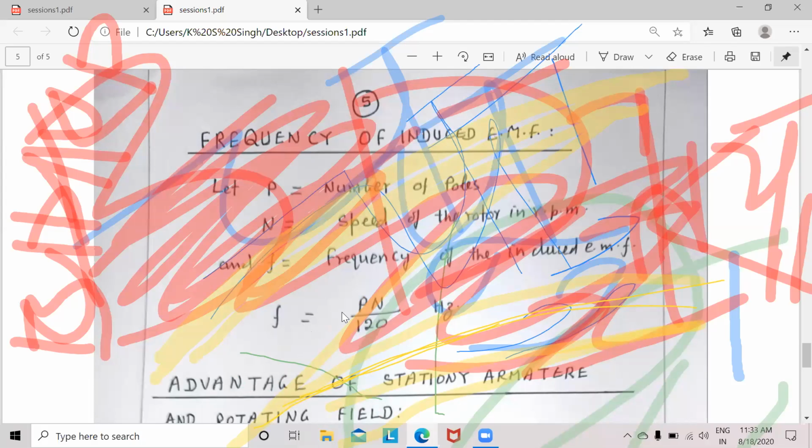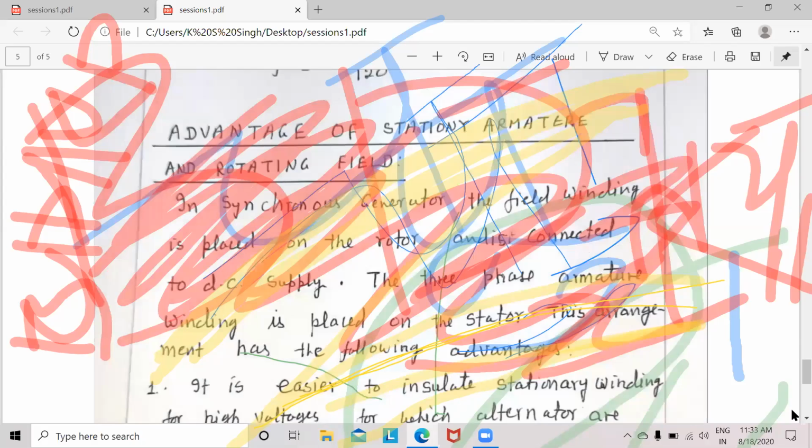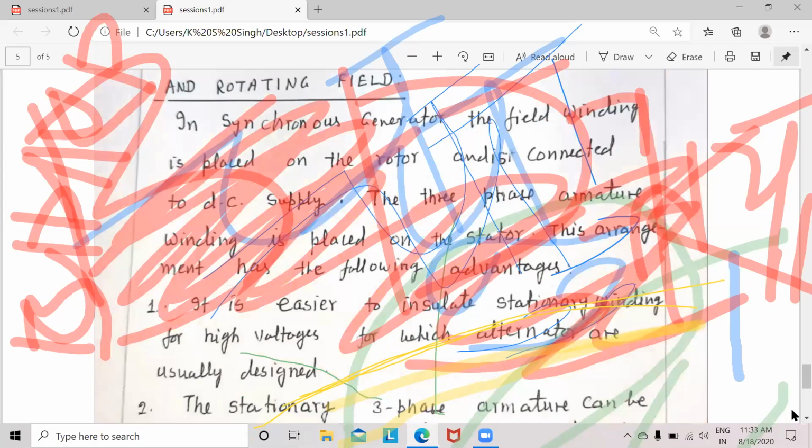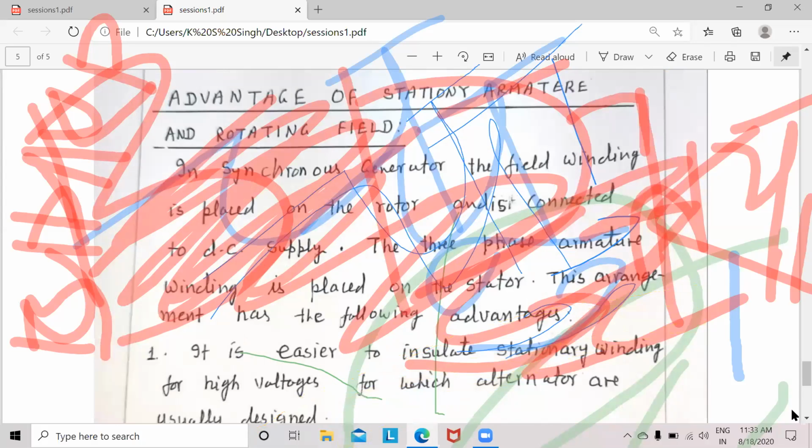Now we come to the advantages of why, in the case of a DC generator, the field winding is kept on the stator and the armature winding is laid on the rotor, while in the case of a synchronous generator, the field winding is laid on the rotor and the armature winding is laid on the stator. Why does this type of difference occur?